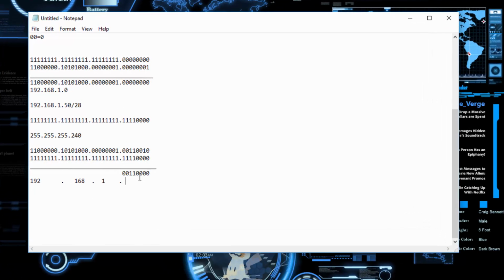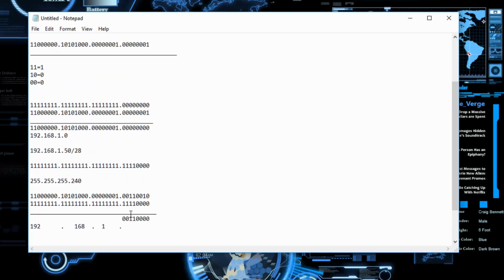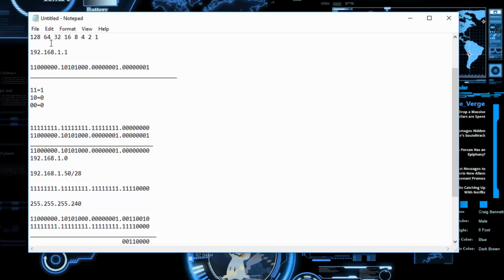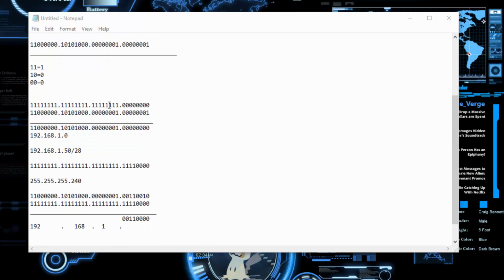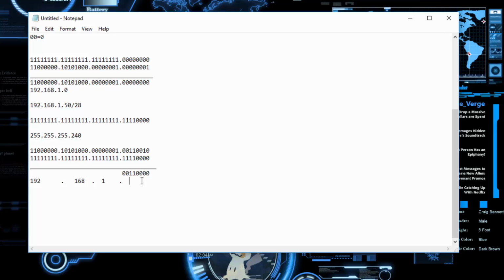Now we need to go down and take a look at this. 0, 0, 32 plus 16, it'd be 48 obviously, because we already went through the math. And now we got 48. This is what you need to know for the tests.